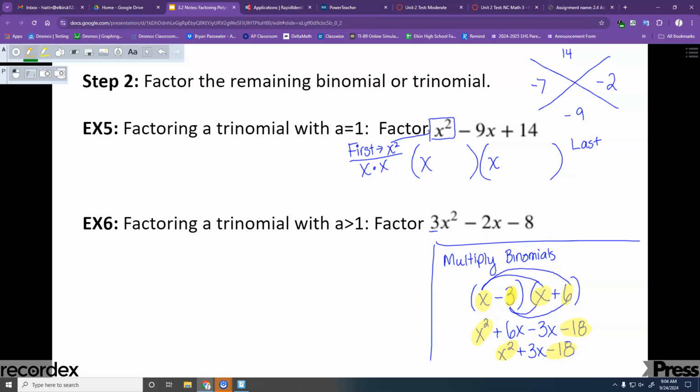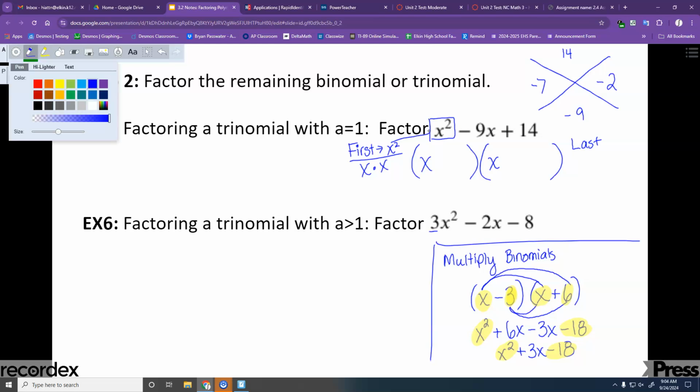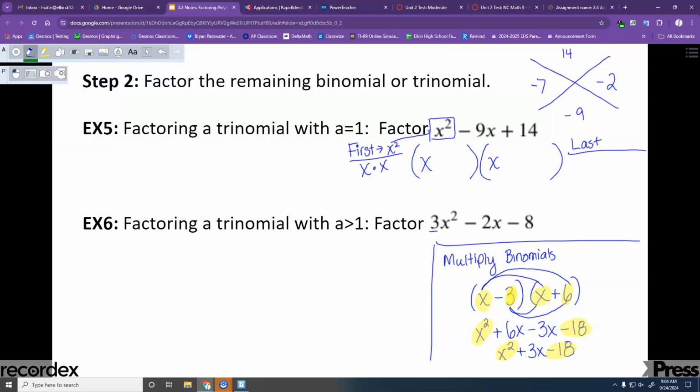So whenever I multiply these two numbers right here together, it's going to give me that last number, which is a positive 14. What numbers could I multiply together to get positive 14? 7 and 2. I could do negative 7 and negative 2.